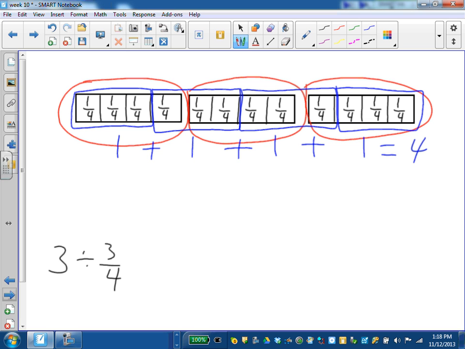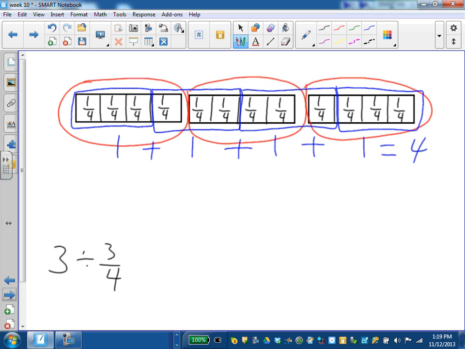So if, let's say, I had those 3 candy bars again, and I had 4 friends that I wanted to share them with, in order for everybody to get an equal share, each of them would get 3/4 of a candy bar. Okay? 3 candy bars shared among 4 people, everybody gets 3/4. All right?